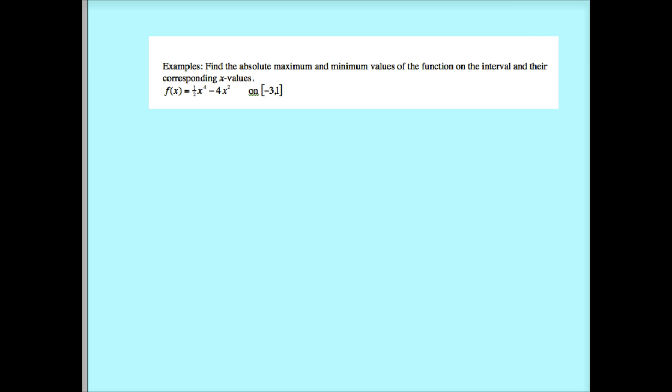So like always, I find our derivative and our critical points. F prime of x is equal to 2x to the third minus 8x. What we're going to do is factor out a 2x.